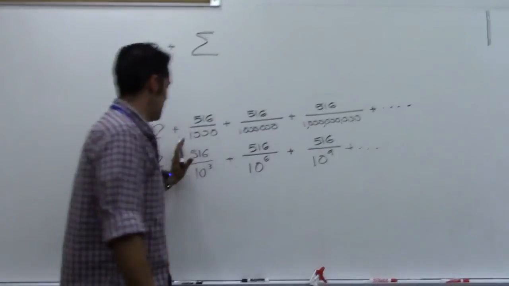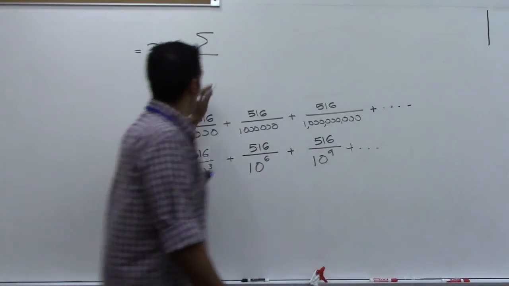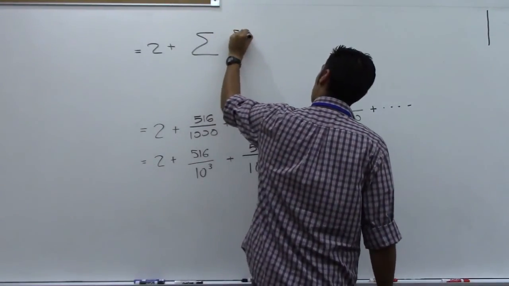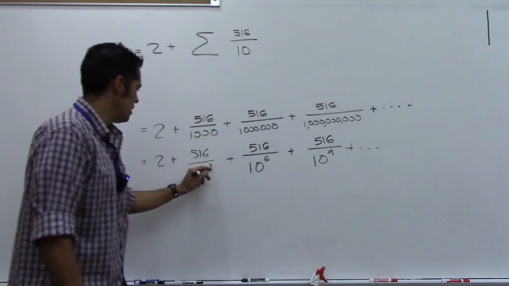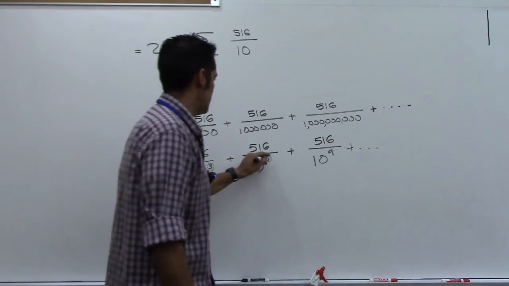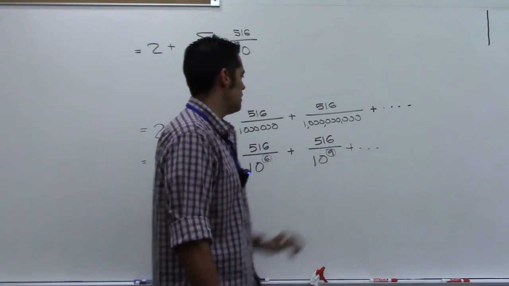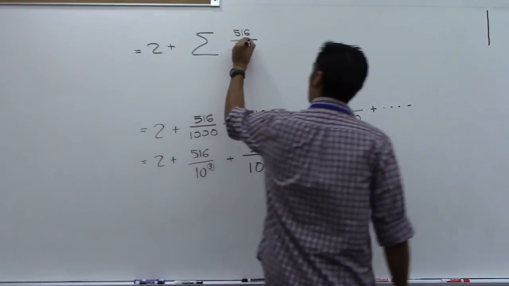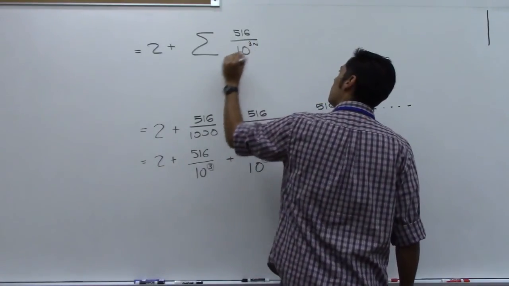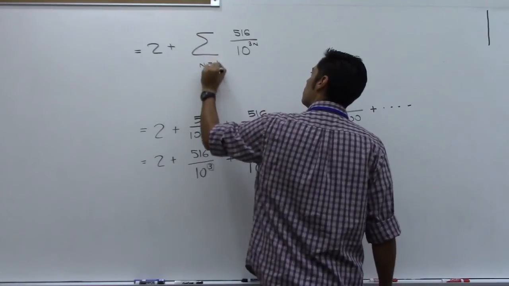So I'm going to rewrite from here down as a summation. The 516 is always on top. And I have 10 to the, oh man, what are these? 3, 6, 9. The next one will be 12. These are multiples of 3, starting at 3. So I would put 3n here, n equals 1 to infinity.